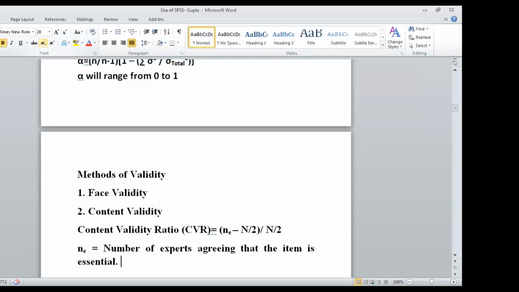Item is essential means the item can assess what the tool or the researcher wants to assess.